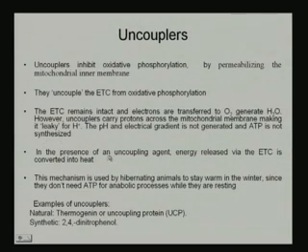In the presence of an uncoupler agent, energy released via the electron transport chain is converted into heat. This mechanism is used by hibernating animals to stay warm in the winter, since they do not need ATP for anabolic processes while they are resting.